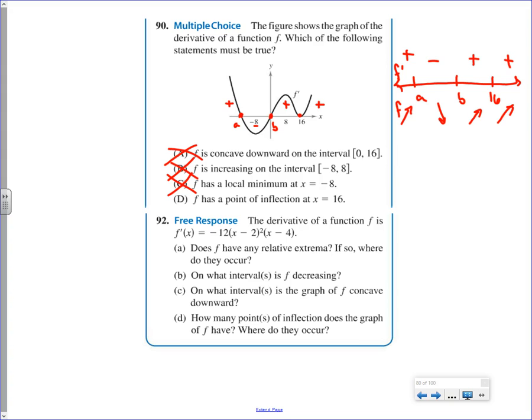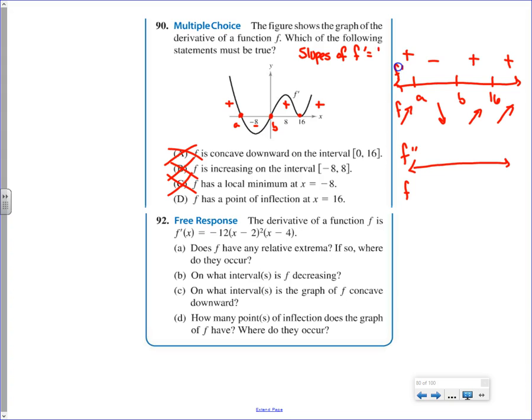But if we were to do a second derivative sign chart, don't I need my pips? Yes. And what are my pips? My pips are when the second derivative is 0. How do I visualize a second derivative from a first derivative graph? It's not the curve. It's the curves of f. It's the slopes of f prime.